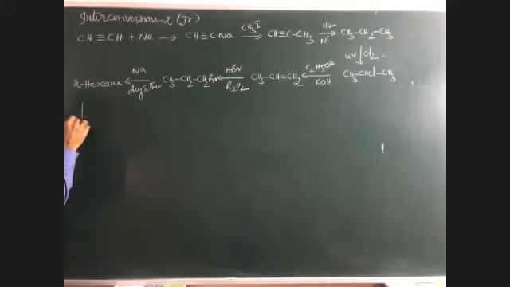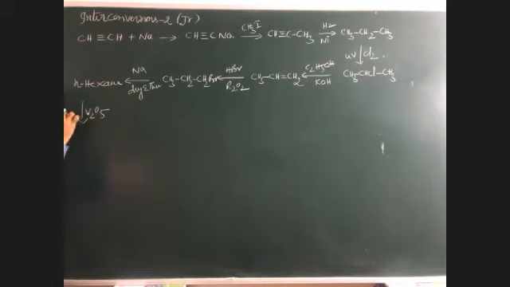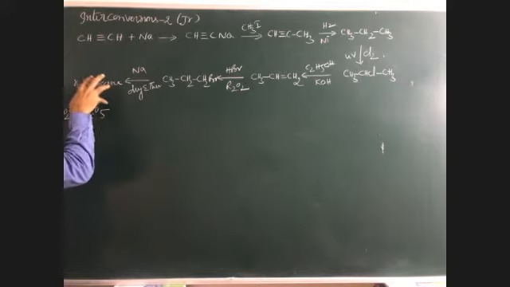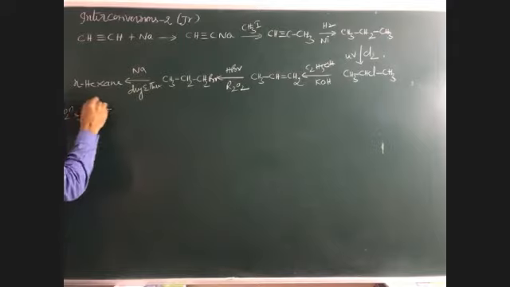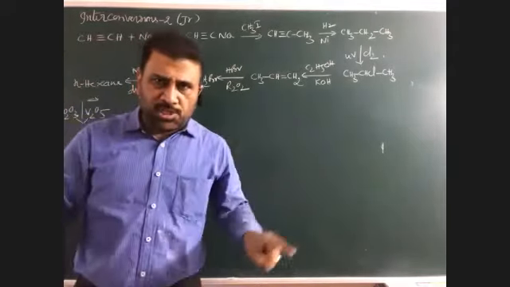Now this normal hexane on reaction with Cr2O3 or molybdenum trioxide or chromium trioxide. This is the property of alkane. n-Hexane, when it reacts with these catalysts at high temperatures and high pressures, undergoes aromatization.